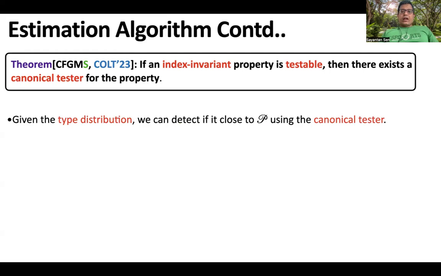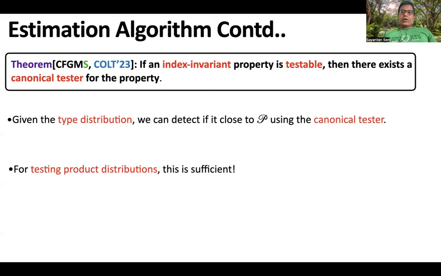Once we have the canonical tester, considering a discretized type distribution, we can run the canonical tester to detect how close it is to the property. Together, this is sufficient for product distributions.